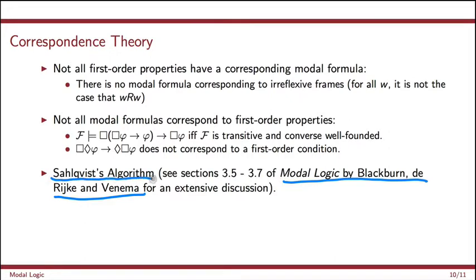Sahlqvist's theorem: this is a general algorithm such that if you give me any modal formula that has a certain syntactic shape, so it's not any modal formula, then for a so-called Sahlqvist formula, there's an algorithm that will automatically calculate what is the first order property that corresponds to this modal formula.